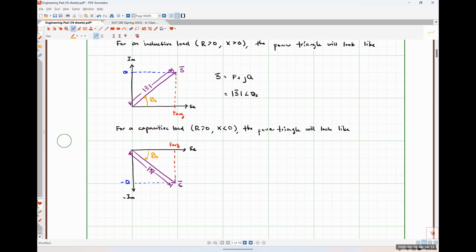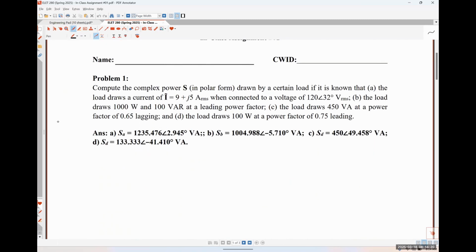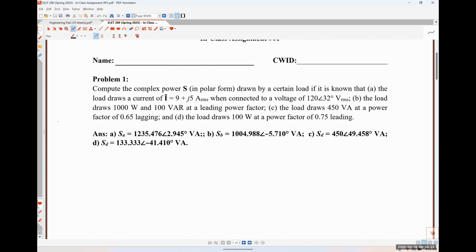All right, so I want to look at the in-class assignment, and we're going to work on parts A and B of this first problem before I introduce the concept of power factor to you all. We can just call this the solutions guide for lack of a better word.